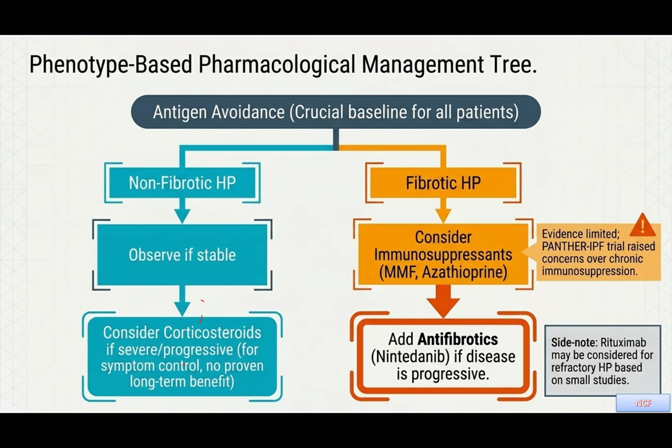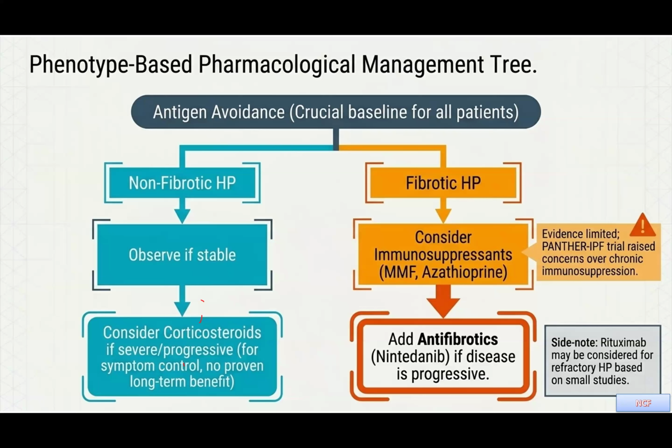So again, telling the treatment again. First and foremost, if you have been able to identify the inciting antigen, you have to avoid that antigen at all costs. Then in non-fibrotic HP, you just have to observe the patient if the patient is stable. However, you can consider adding corticosteroid if the disease is severe or progressive.